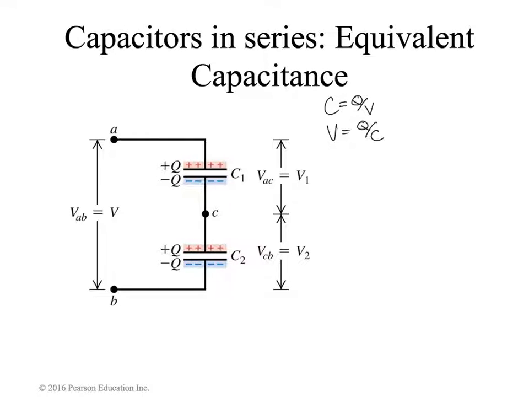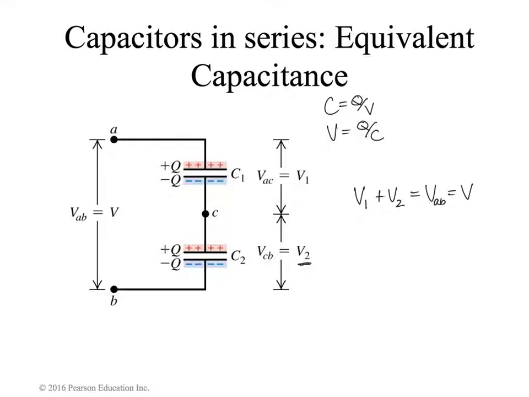So the potential difference across capacitor 1 will be V1, and the potential difference across capacitor 2 we can call V2. But again, in relation to the battery, it has to be true that V1 plus V2 is equal to VAB, or just what we're going to call V.